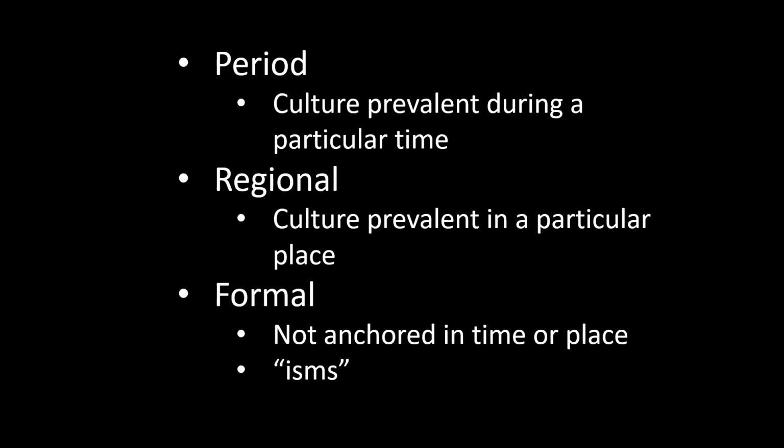So for instance, the Renaissance is a period style because it was widespread across many countries in Europe at a particular time. A regional style is a style prevalent in a particular culture in a particular place.